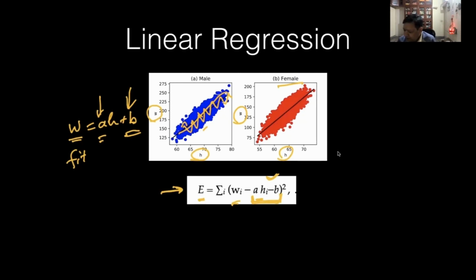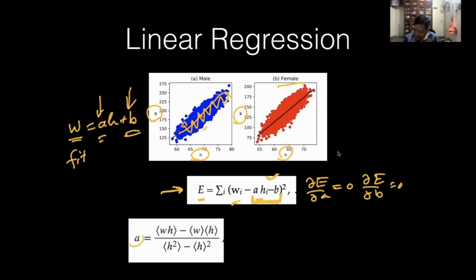So by the minimization procedure, d by dA equal to 0, d by dB equal to 0. So these two variables are unknown. You just apply this partial derivative on that, you get two equations. And solve for these two equations, and that gives us A to be this. So this is an average.